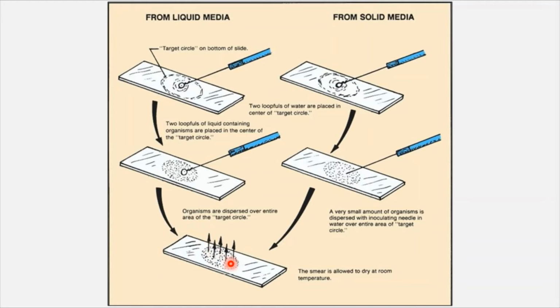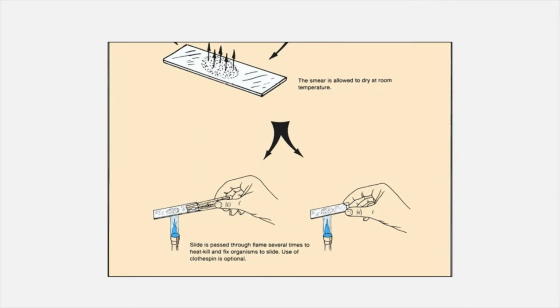It is then allowed to completely and fully air dry before that smear is then passed through the heat of a Bunsen burner or allowed to heat in front of a bactinerator for a period of time. And by heating the dried out slide, this causes the microbial cells to become adhered to or glued to the surface of the microscope slide.